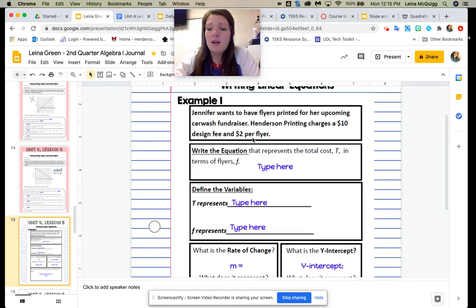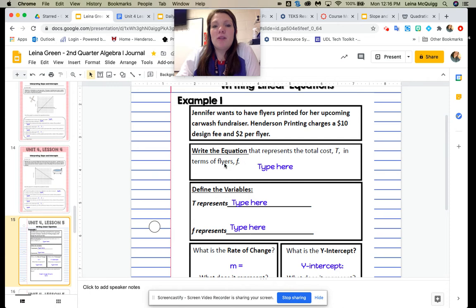Maybe she's in a soccer league and they're trying to raise money so they can buy uniforms this year. This is something we can see ourselves doing all the time. Texas Bank has got car washes going on in their parking lot. Henderson Printing is going to charge her a $10 design fee and $2 per flyer.